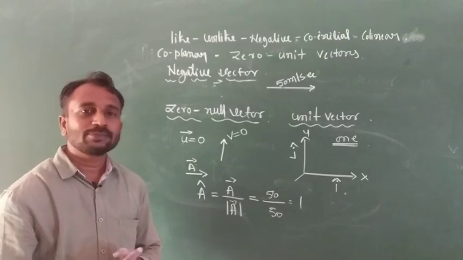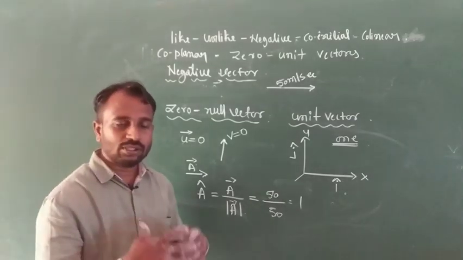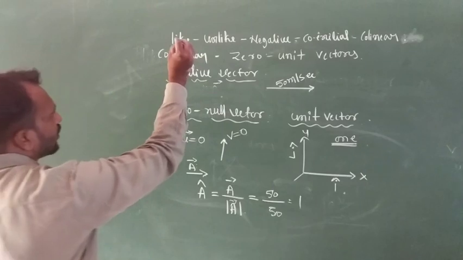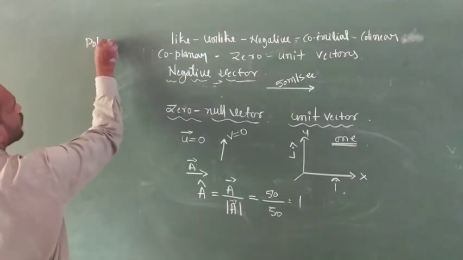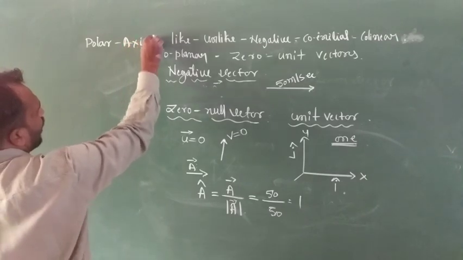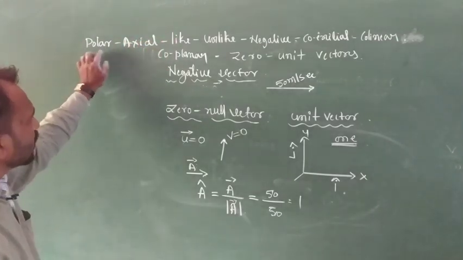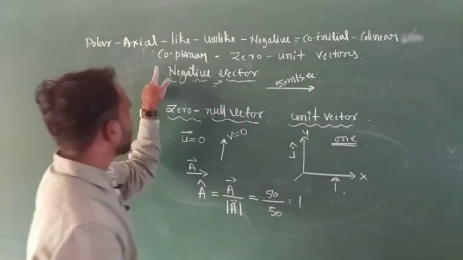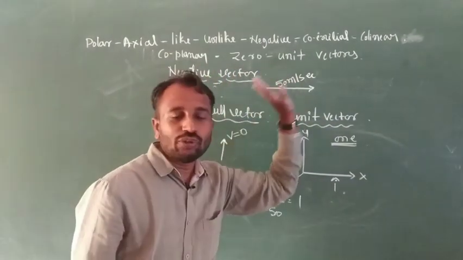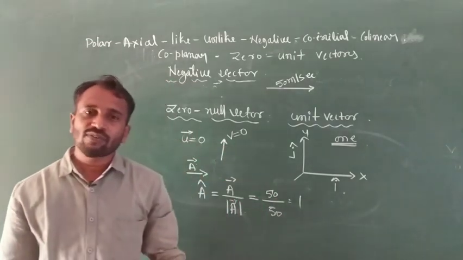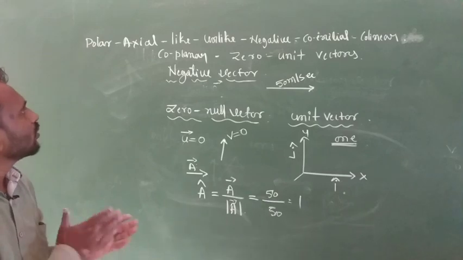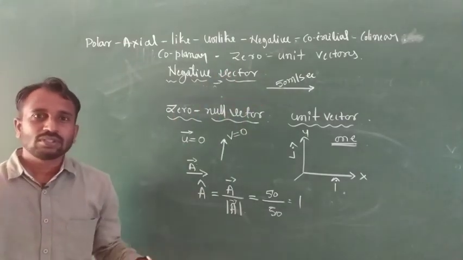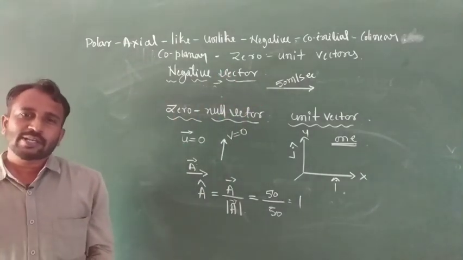So in total there are different types of vectors: like vectors, unlike vectors, polar vectors, axial vectors, negative vectors, co-initial vectors, collinear vectors, coplanar vectors, zero vectors, and unit vectors. That is a total of 10. Another one is the displacement vector.